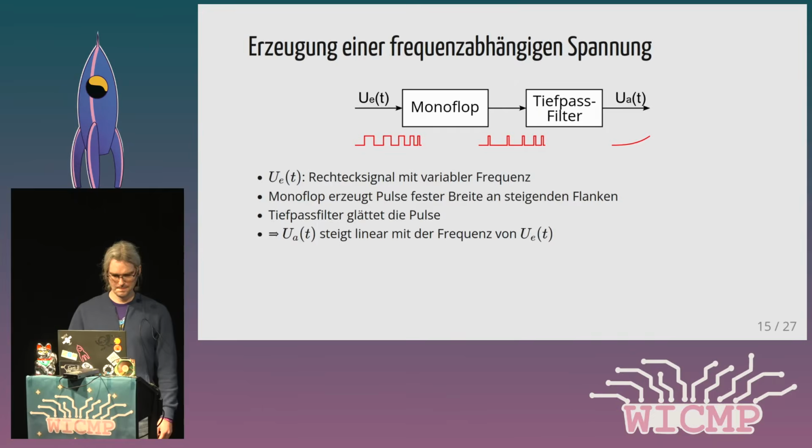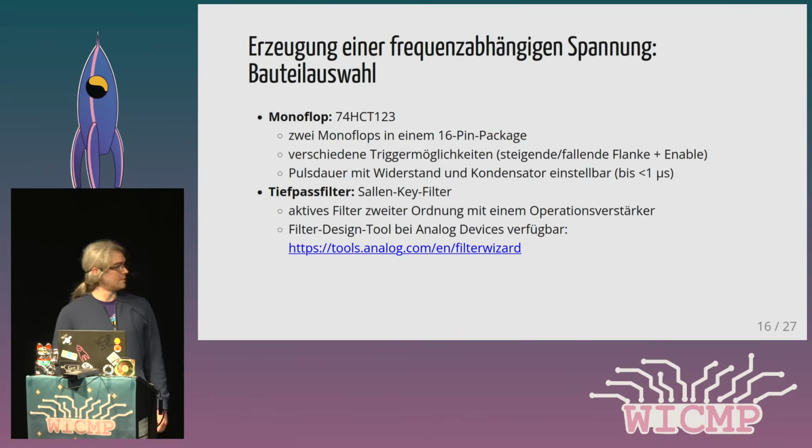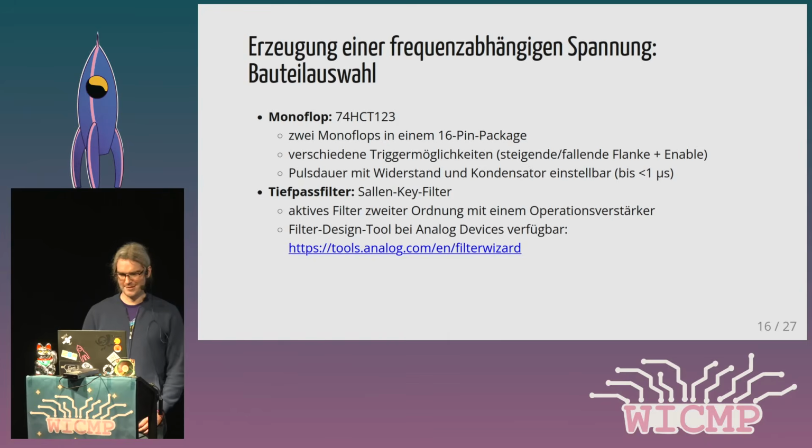Let's look at both of these blocks in a bit more detail. The monoflop is a 74HCT123. It's actually two monoflops bound in a 16-pin package, which is nice because I need two, one for the VCO and one for the fan.